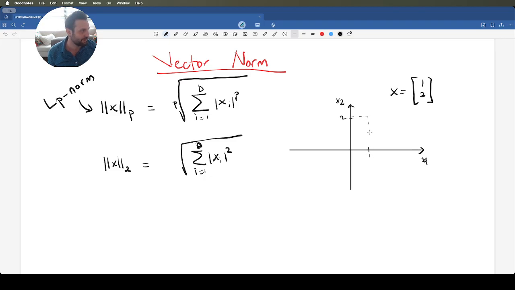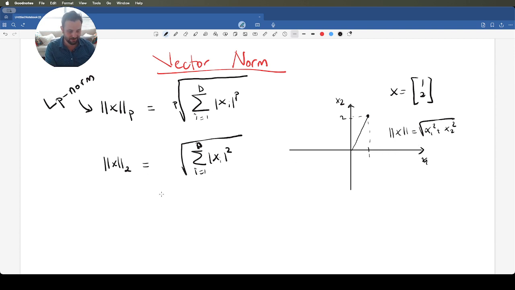So our vector is just a point, but it's also a vector that you know from physics, like the arrow. And you guessed it, the L2 norm of a vector all of a sudden becomes its Euclidean distance from the origin. So the norm of x becomes the square root of x1 squared plus x2 squared. That's your L2 norm.